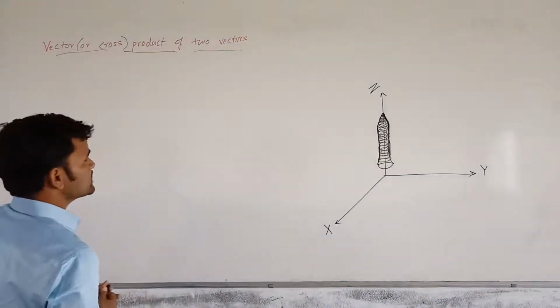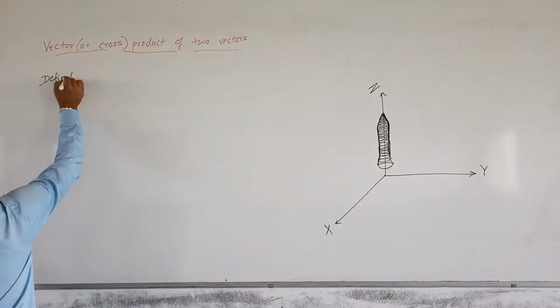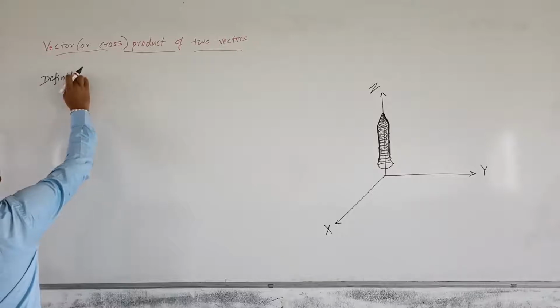See, what does the definition say? Definition of cross product of two vectors.